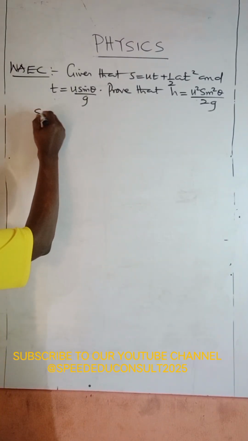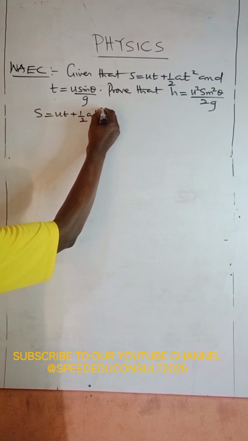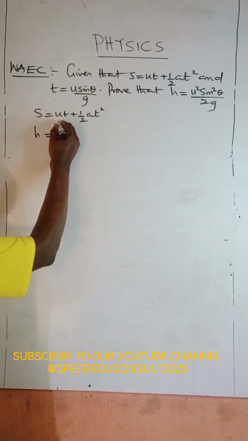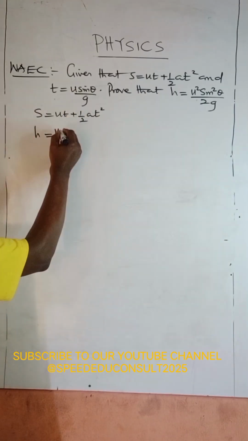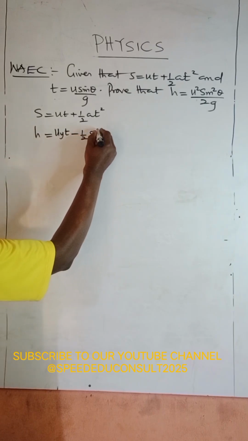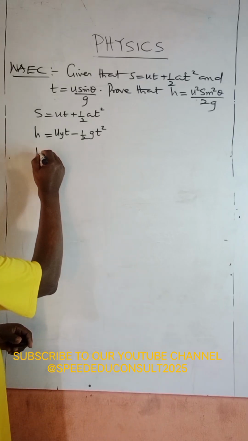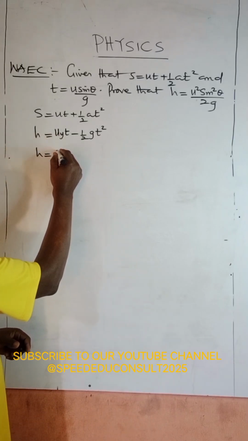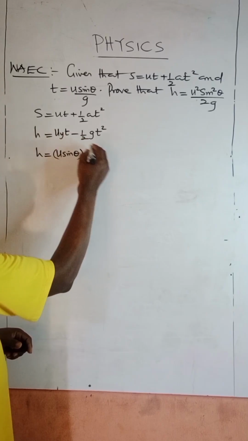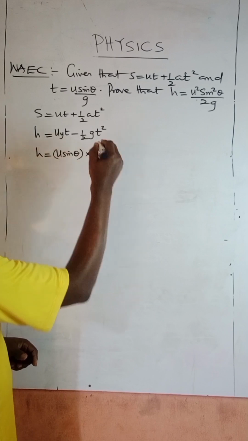So let's see, from s is equals to ut plus half at squared. So here we want to calculate s to be H. u, we are talking of vertical, so to be Uy t minus half g t squared. Remember, it is minus g. So H is equals to Uy, know that to be u sin theta, multiplied by t, that is u sin theta all over g.